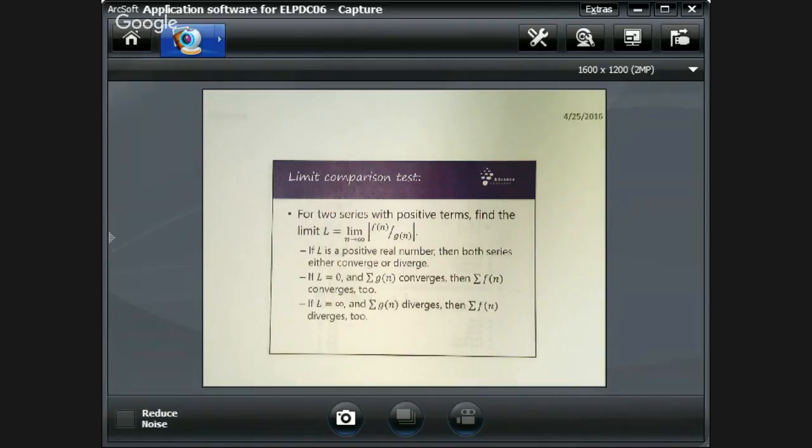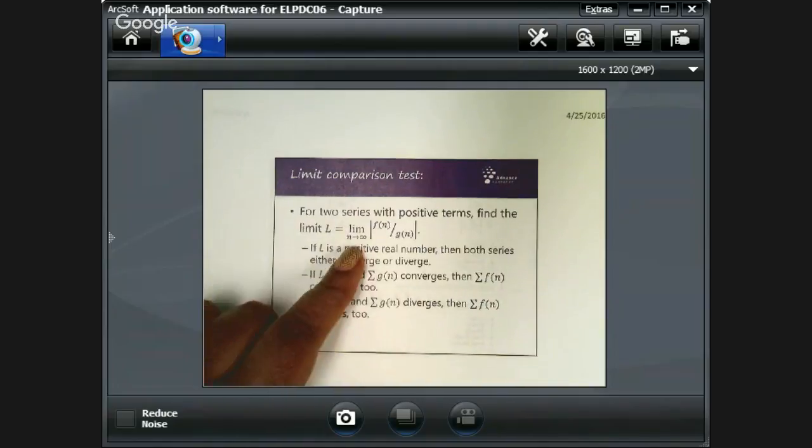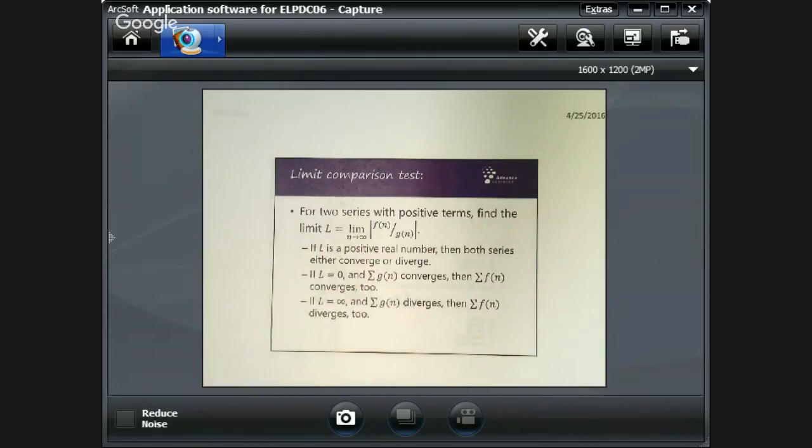Well, I'm going to pick a p-series, a geometric series, or an alternating series that I know how to tell whether it's convergent or divergent. And when I compare the series I have with one of those series that I can easily determine convergence or divergence for, then if the limit here is a positive real number, either both series converge or both series diverge.